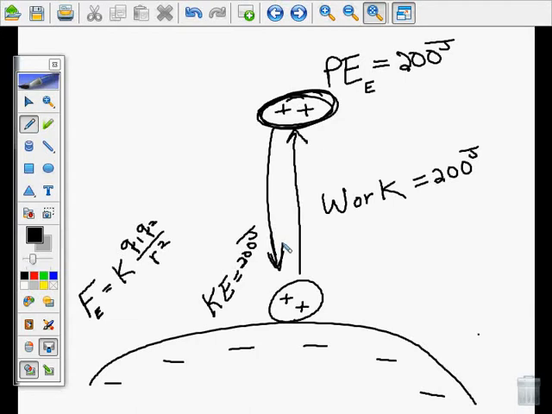So, watch. Let's say that this little positive charge right here, I'm going to call it Q2, because the big papa one down here is Q1. Let's say Q2 is equal to positive 2 coulombs.